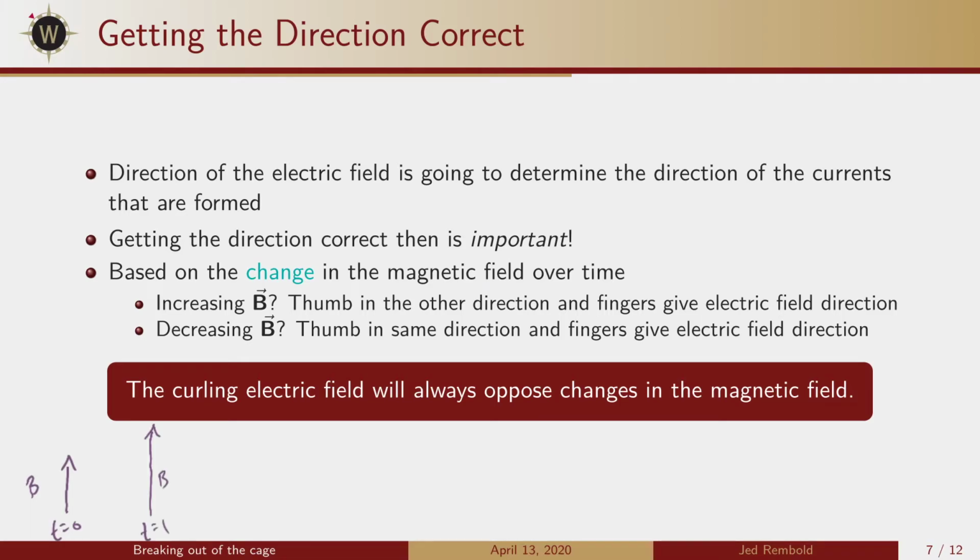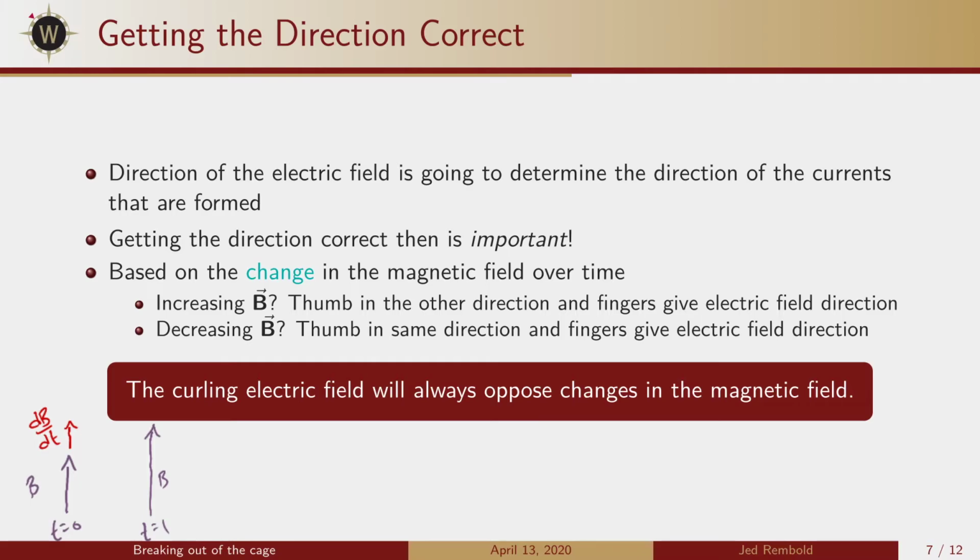So if I was looking at my change in the magnetic field over time, I would say my magnetic field grew basically that much in 1 second. So you could imagine that this little thing would be my dB dt. That's how much my magnetic field grew in that little chunk of time. That would be pointing upwards, right? So we're getting more field pointing upwards.